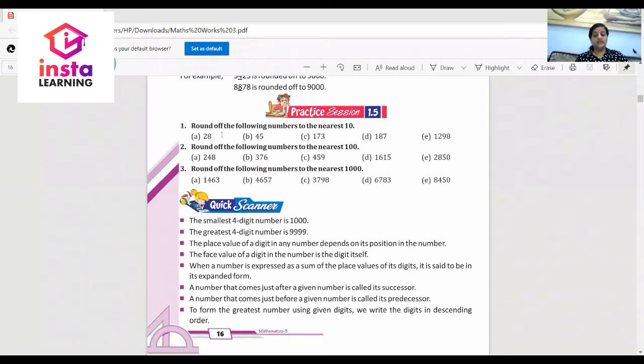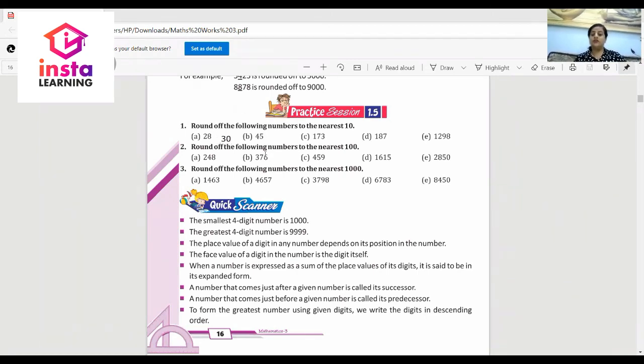28, 8. We will look at 8 because we want to round off at the tens place. So 28 means it is more than 4, more than 5. So we will add 1 at the tens place. That will be 3 and that will be 0. 30. It will be rounded off to 30 because it has 8 at the one's place.